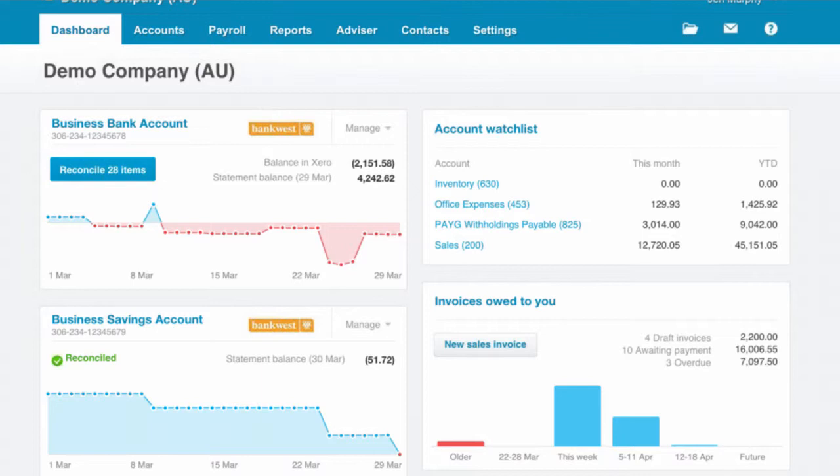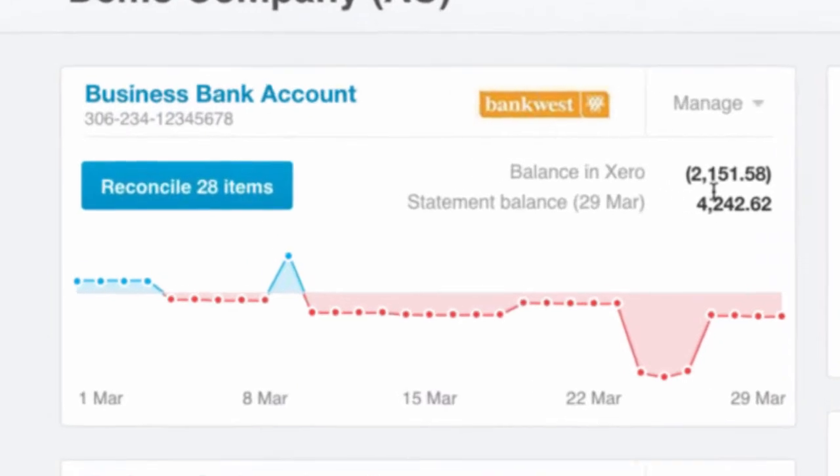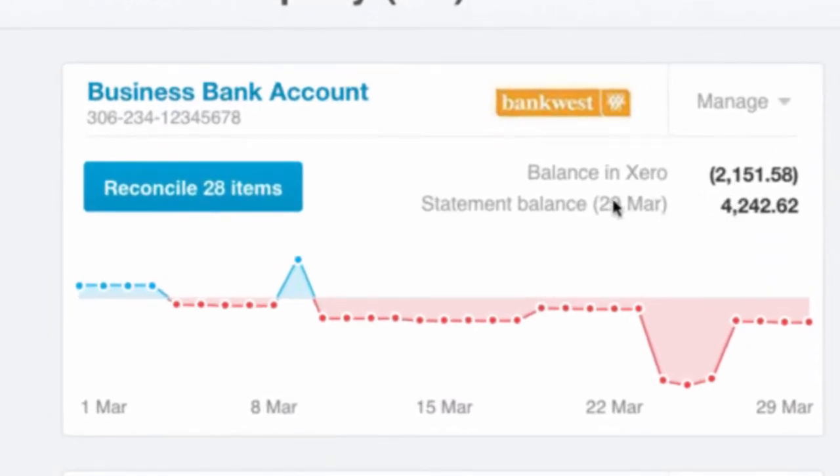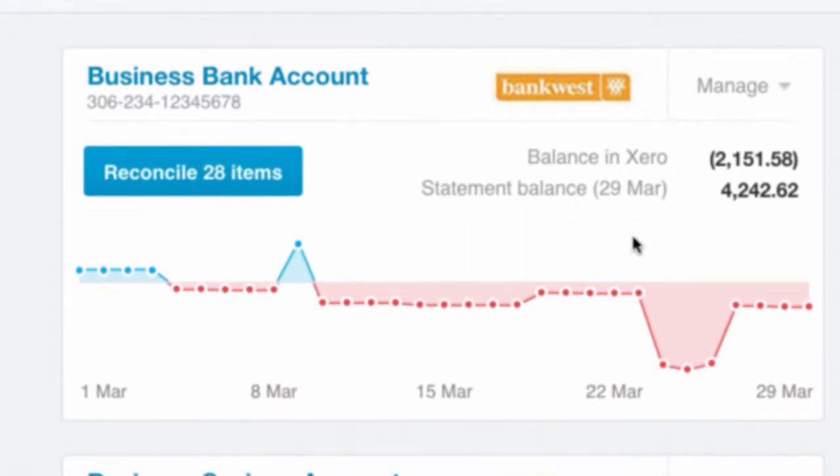So let's understand what the statement balance is. The statement balance that shows here should be the amount that was in the bank account as at the date listed next to it. This is generally yesterday, or the last time the bank feed came in, and the transactions on that bank feed are generally from the day before.